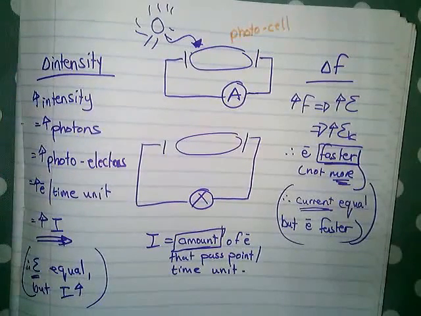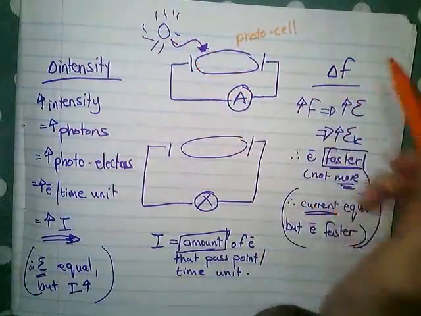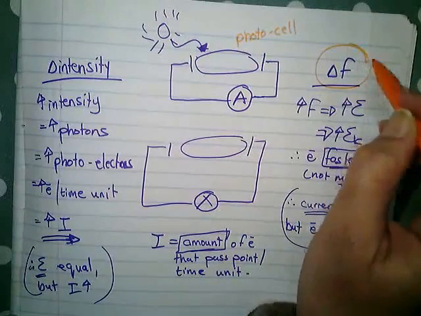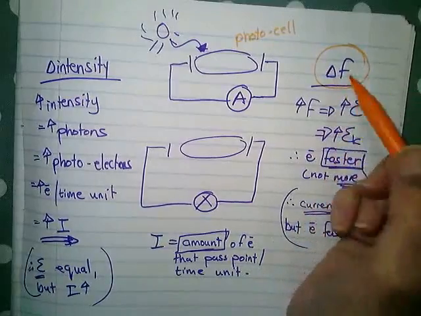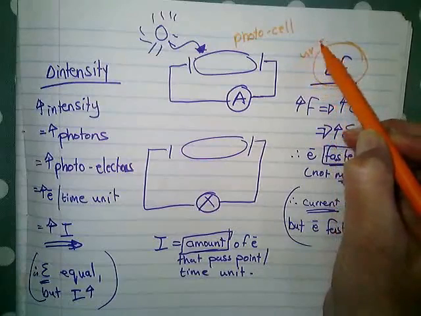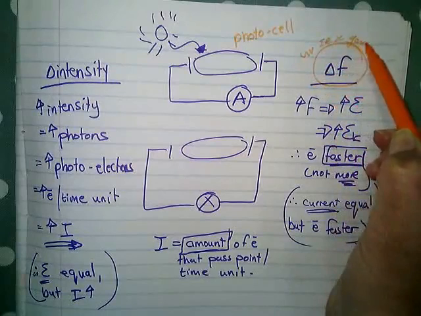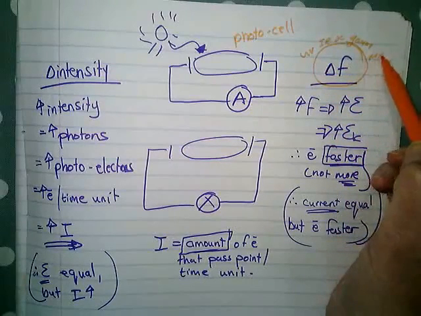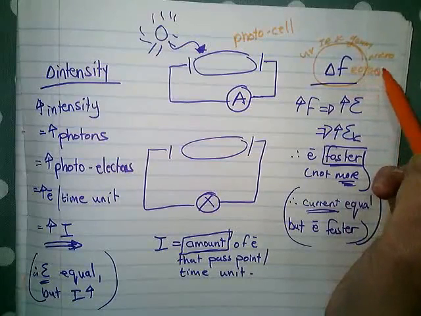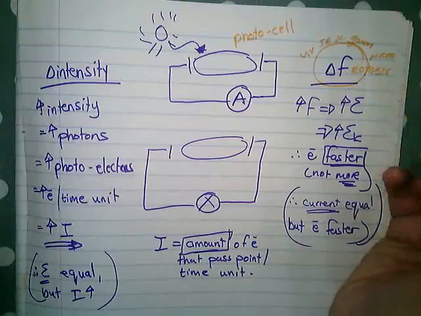Right. So we could do two things to this light source. We could either change the frequency. So you remember, that means we can change what type of electromagnetic radiation we have, whether we have ultraviolet or infrared or X-rays or gamma rays or microwaves or visible, one of the visible frequencies, red, orange, yellow, green, blue, indigo, or violet.